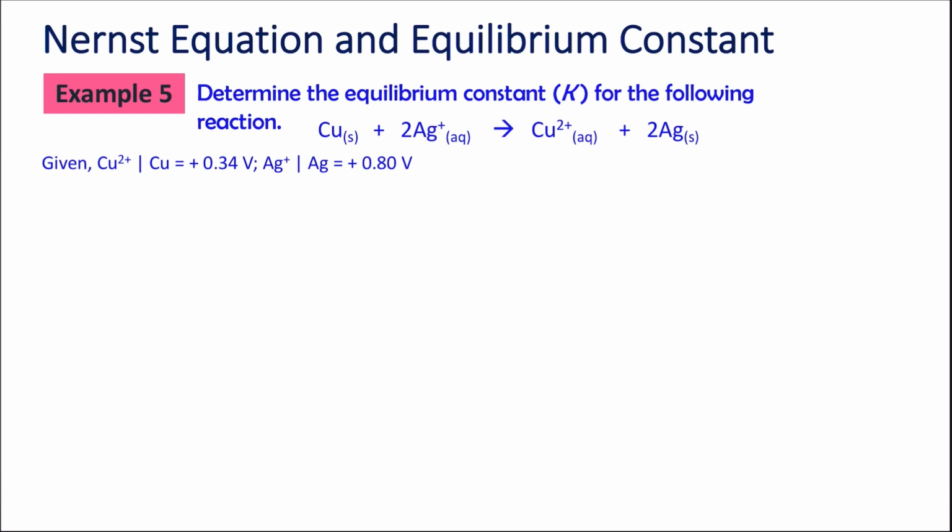Kalau awak tengok oxidation number, here is 0, here is positive 1, here is positive 2, here is 0. So, awak boleh nampak untuk positive 1 kepada 0 for silver berlaku pengurangan. So, the oxidation number decreases. We can understand Ag plus is reduced, so it undergoes reduction. So, dia akan berada di cathode. So, copper half cell akan jadi anode, silver akan jadi cathode.